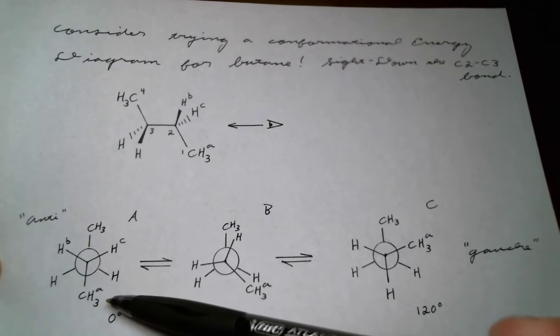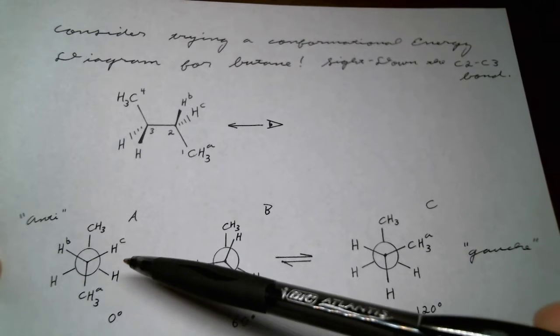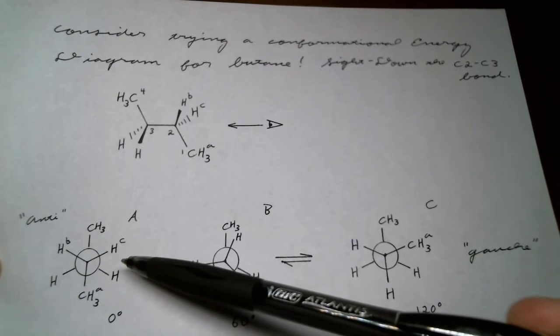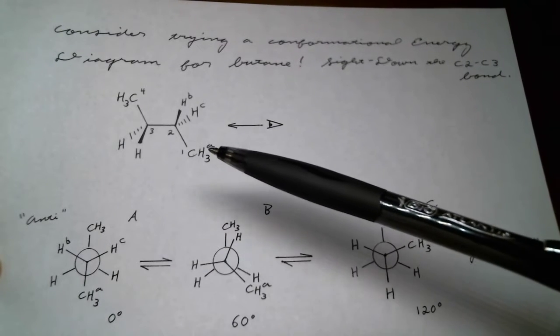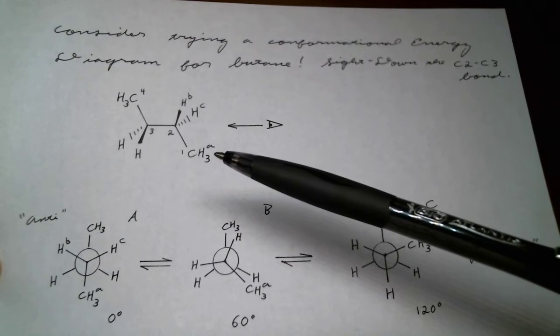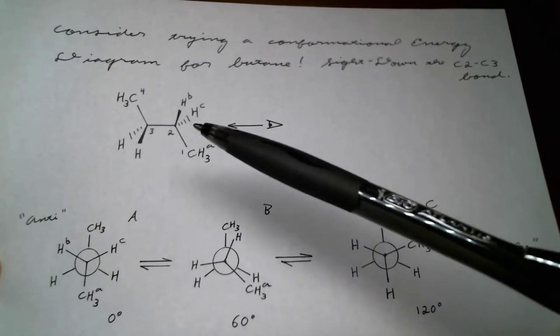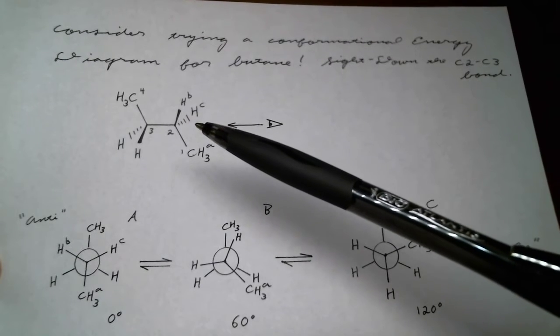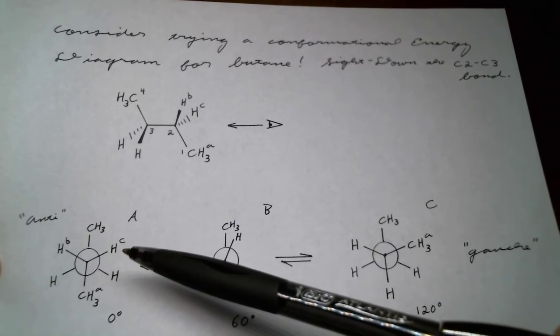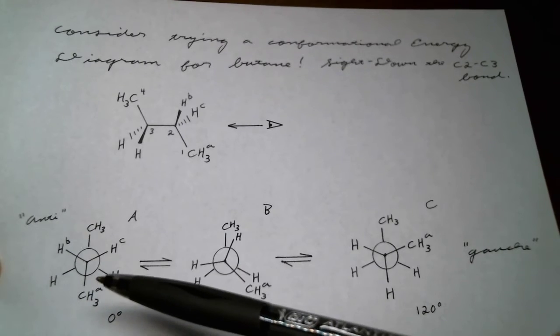And you can see it's pointing straight down on our Newman diagram for this staggered conformation of butane. HB is pointing up and to the left because it gets the wedged bond, and HC is pointing up and to the right because it gets the dash bond.